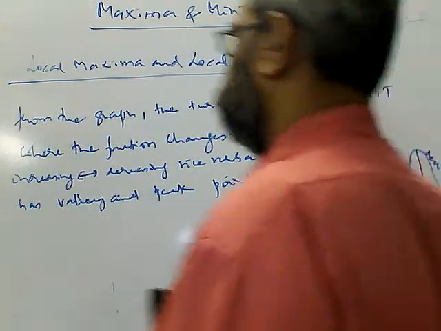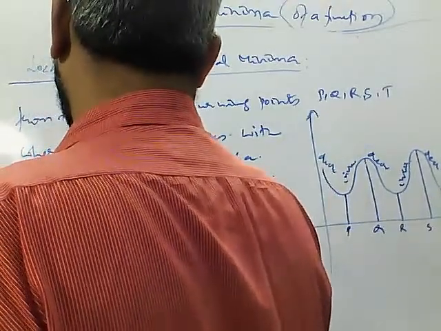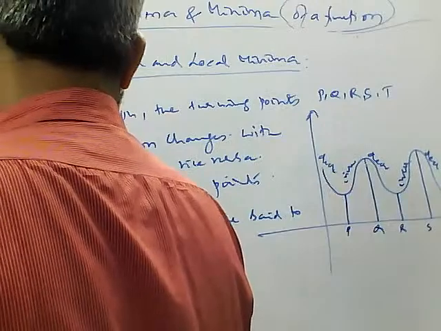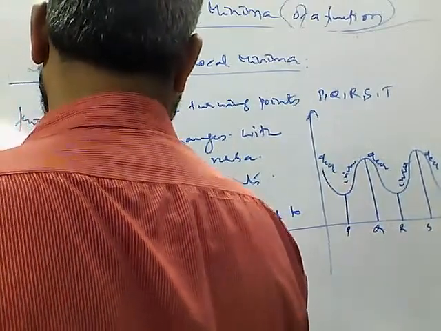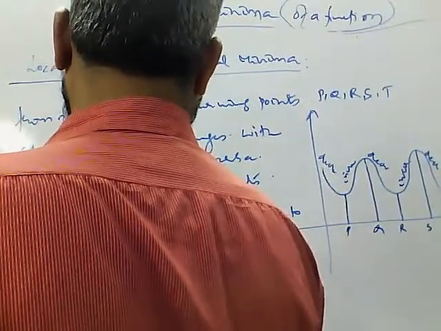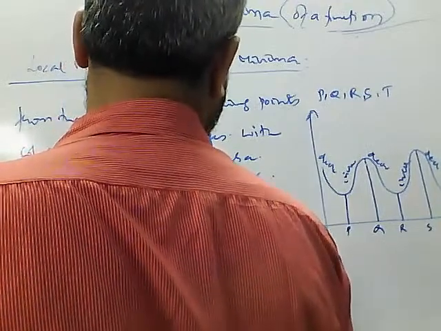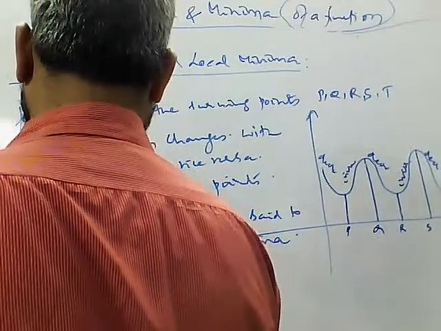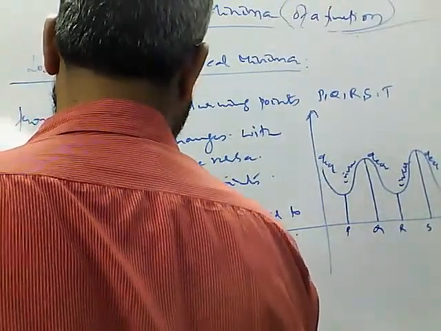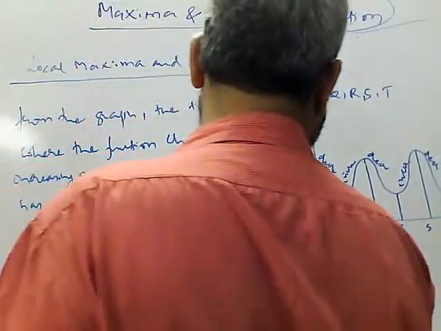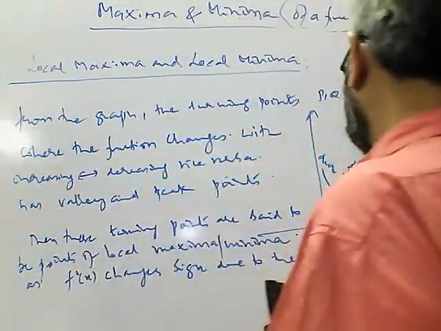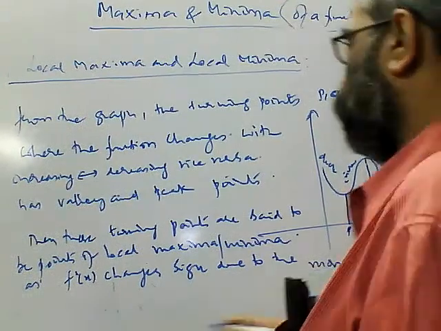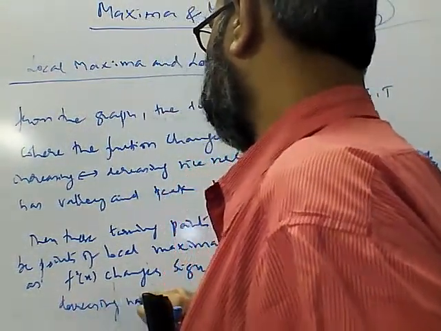Okay, then these turning points are said to be points of local maxima or minima, as f dash x changes sign due to the monotonic increasing or decreasing nature of the function.